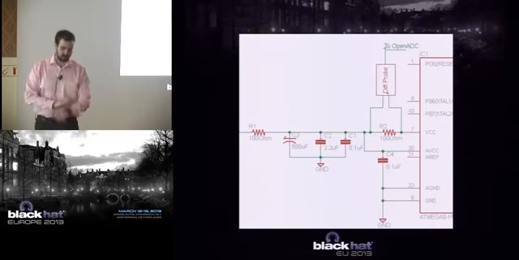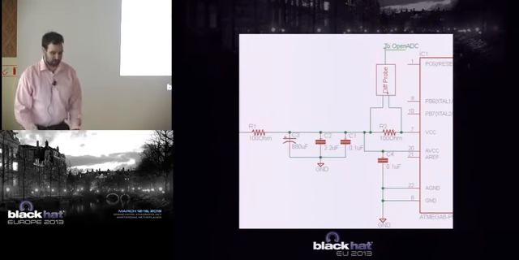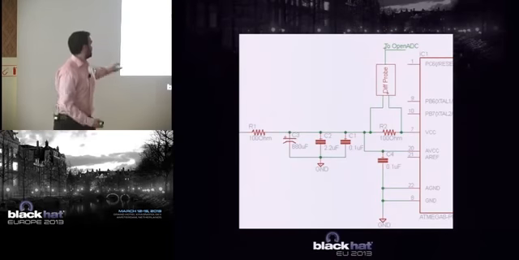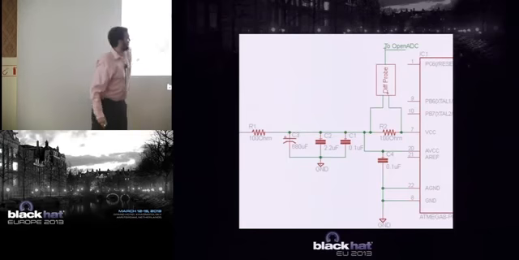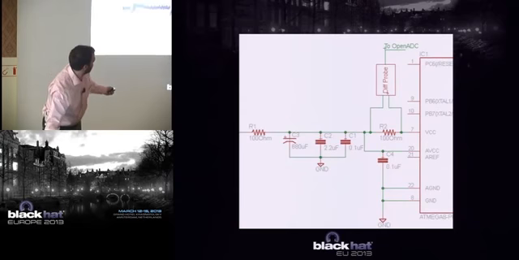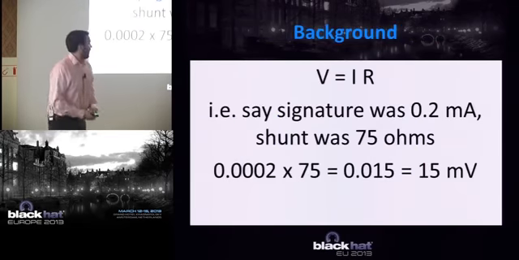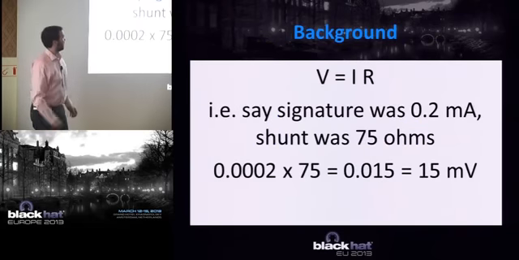One other thing you're going to frequently see is a differential probe. The theory behind this is that we have some common mode voltage coming in here, and we're trying to measure the current across this resistor. Ohm's law is where all of this comes from. So for example, say we were trying to measure 0.2 milliamps.